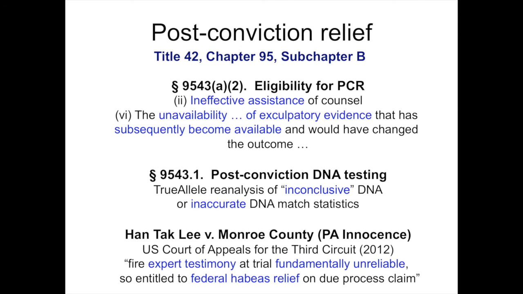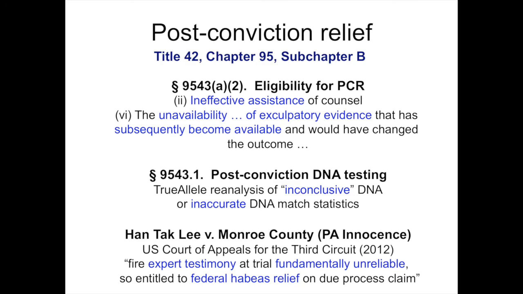I'd like to make a quick note about post-conviction relief. There's a Title 42, Chapter 95 has a PCRA provision, and the usual kinds of filings have to do with ineffective assistance of counsel. But what's been interesting, and I've been involved in these in other states, is if potential exculpatory evidence was not available at the time and it became available and it would have changed the outcome, then a hearing can be granted.